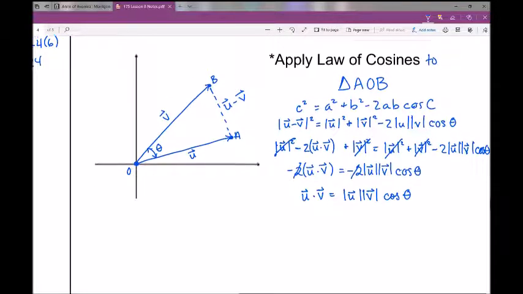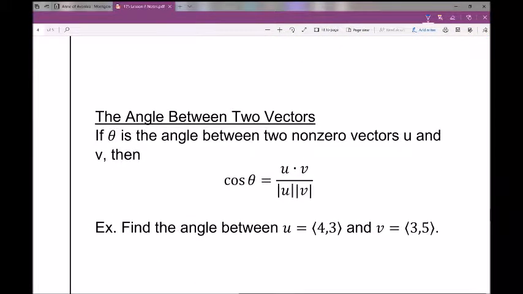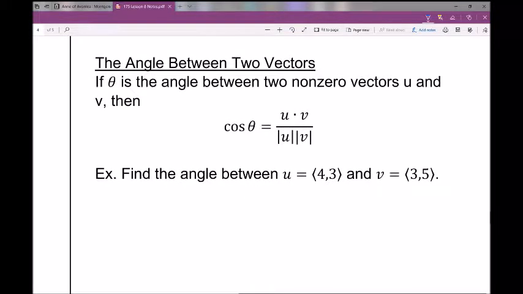Now let's rearrange this formula to actually find the angle between two vectors. Remember, our original formula was u dot v is equal to magnitude of u magnitude of v cosine theta. If we were to just divide those magnitudes to the other side, we would end up with the angle between two vectors formula.